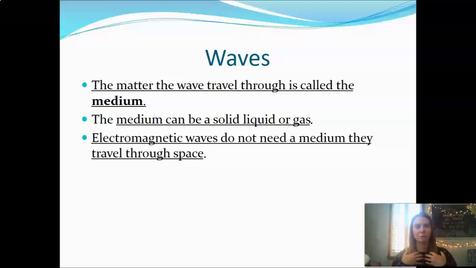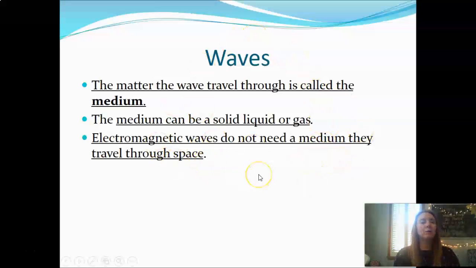My voice particles are bouncing off of my vocal cords that are then making noises that vibrate and disturb the surrounding atmosphere around me, and then it moves to your eardrum, which is a state of matter. It's a solid, and it vibrates to go to your brain to make a signal for you to understand it. So that is a medium. It can be a solid, liquid, gas, and I didn't add it there, but plasma, because we are going to talk about that next unit.